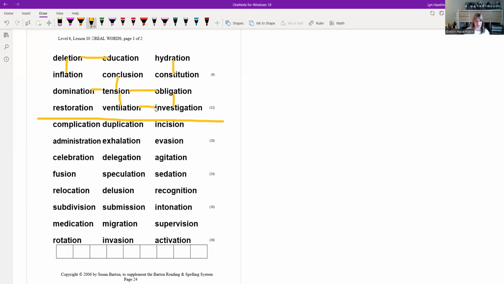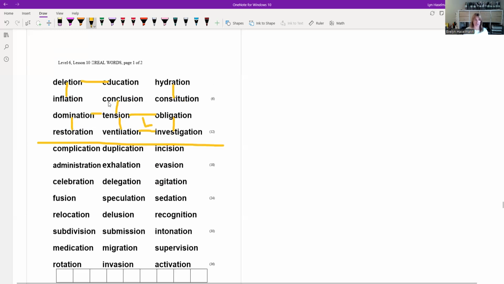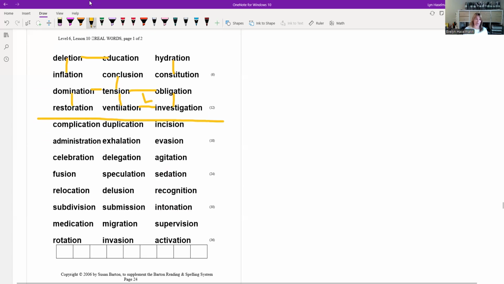Oh, ventilation to investigation. I win this box and I have to go again. Domination to restoration. So you just take turns back and forth like that. It's a much more fun way to get in those repeated readings.